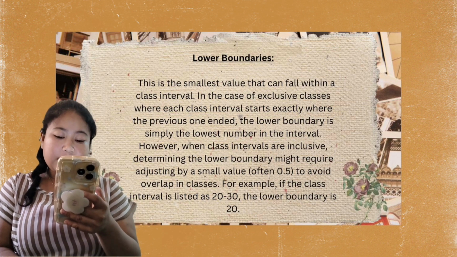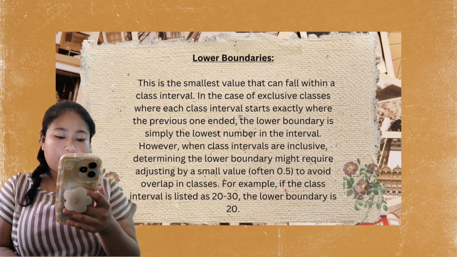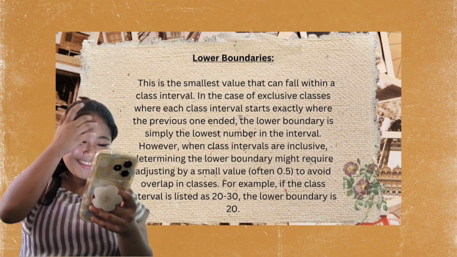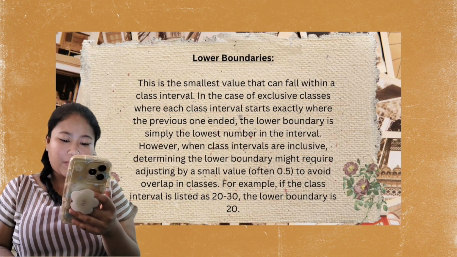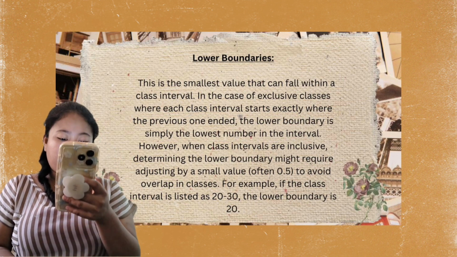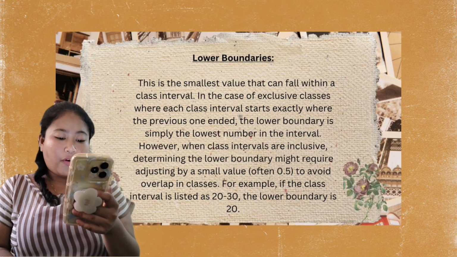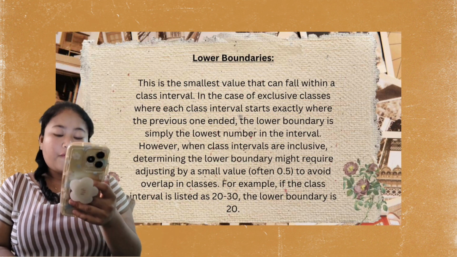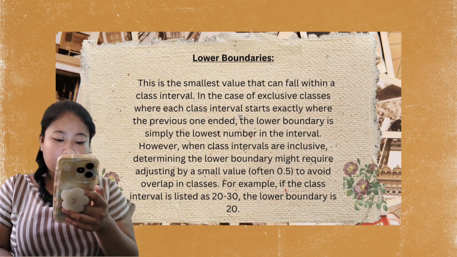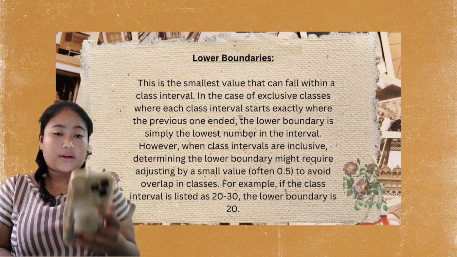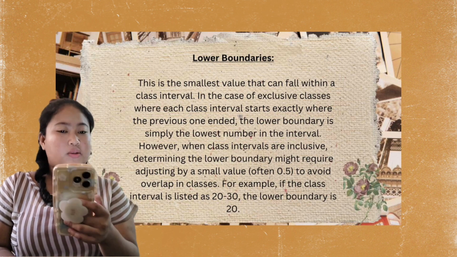However, when class intervals are not continuous, determining the lower boundary might require adjusting by a small value, often 0.5, to avoid overlap in classes. For example, if the class interval is listed as 20 to 30, the lower boundary is 20.